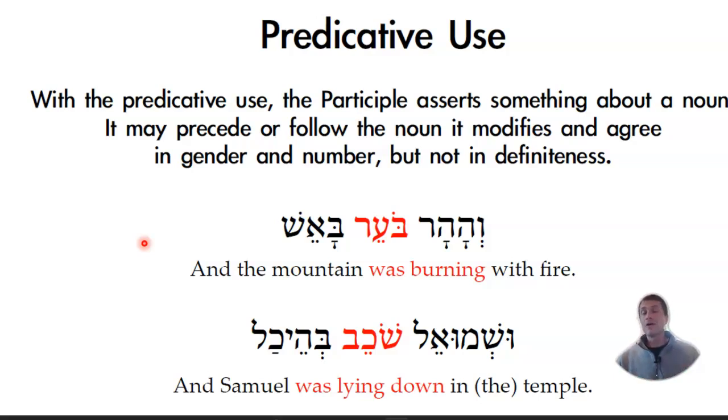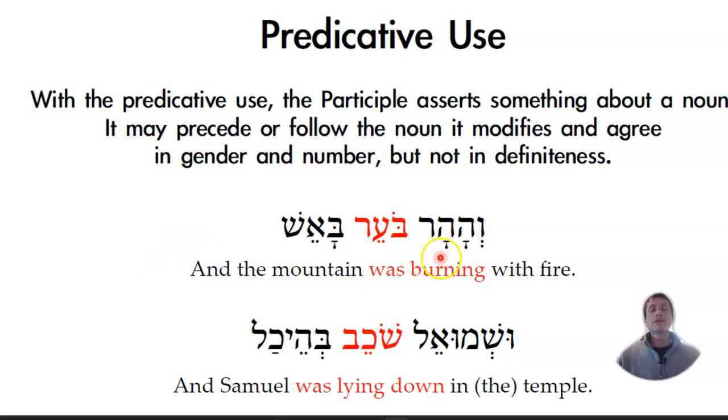So if the noun that it modifies is a masculine singular, the participle has to be masculine singular. If the noun is feminine plural, the participle has to be feminine plural. But here's the key. In the predicative use, when it's being used as a verb, the participle cannot have a definite article. It has to be indefinite.